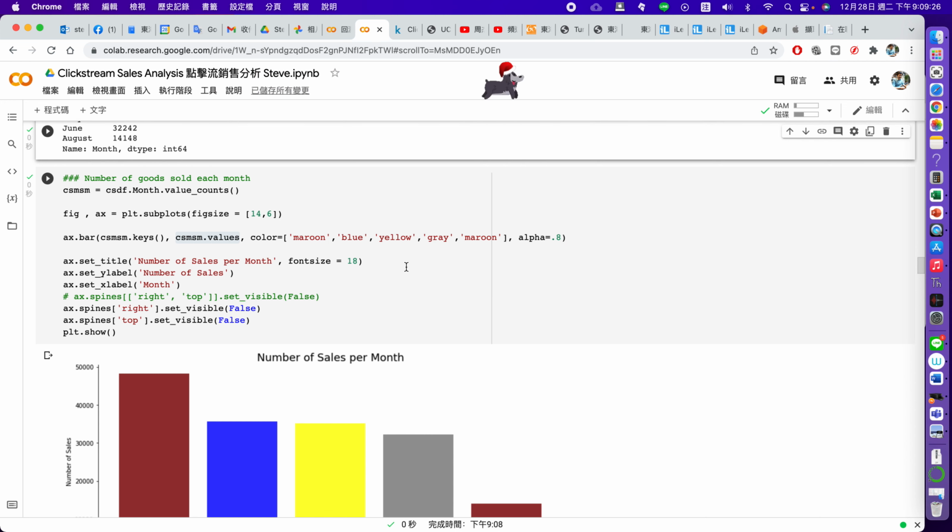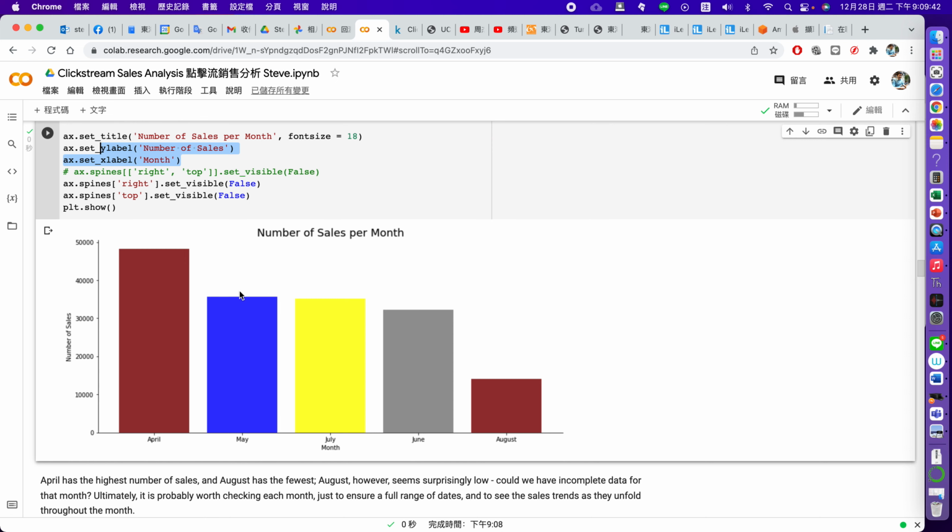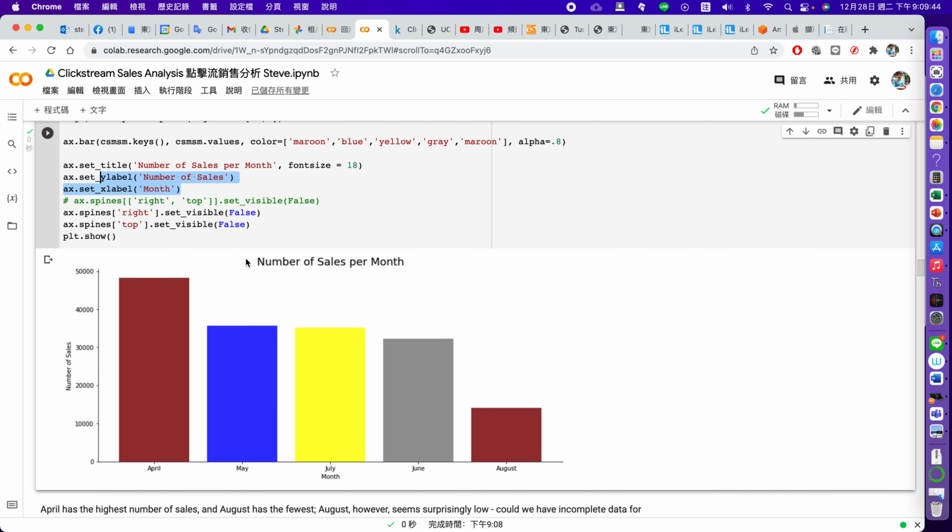And we also identify the color for each bar. And also you can specify the title for the diagram, and X and Y labels for these two axes. So you get this diagram for numbers of sales per month.